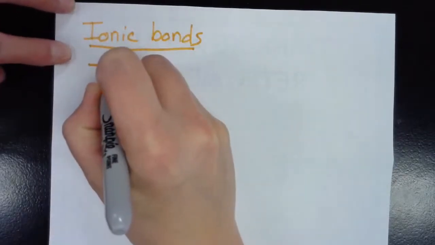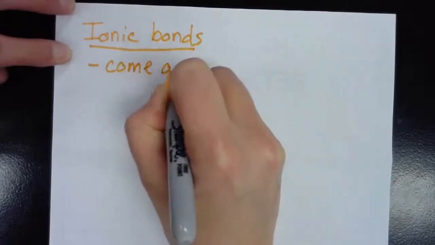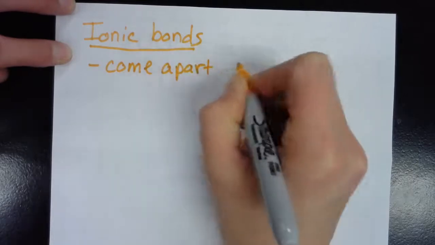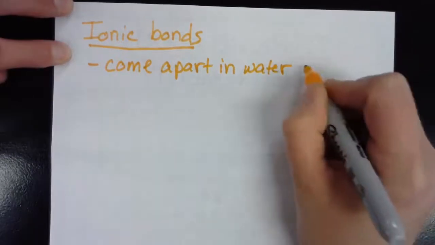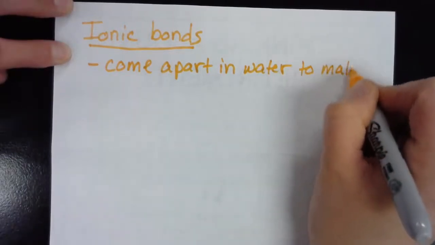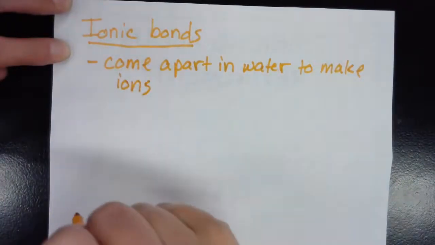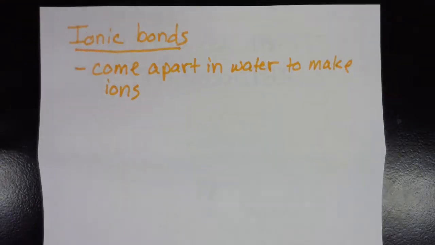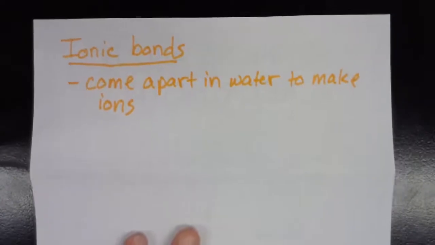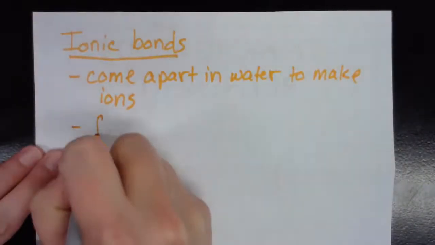One is they come apart in water to make ions, whether it's a cation or an anion. They form salts.